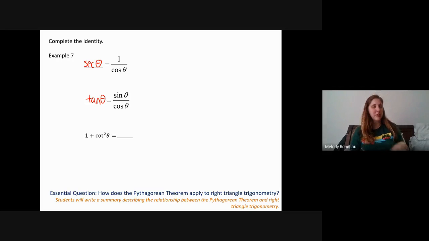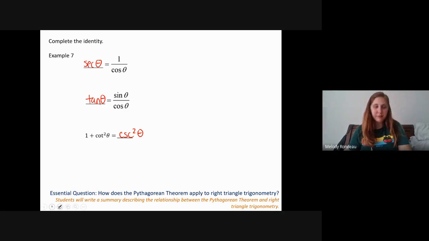That's going to be tangent. And this last one on your paper, please make sure you add in a theta. It was missing, at least in my copy. It said 1 plus cotangent squared, but it always has to have an angle. So make sure you add in that theta. So 1 plus cotangent squared, I believe that one is cosecant squared theta, one of those Pythagorean identities.